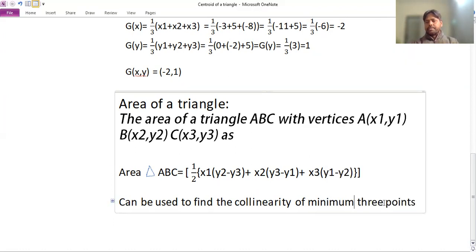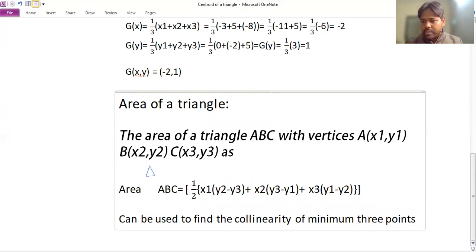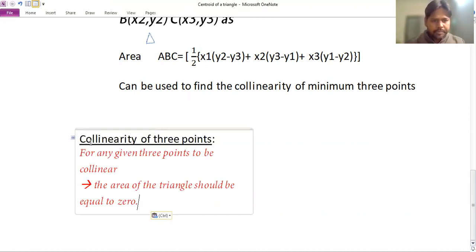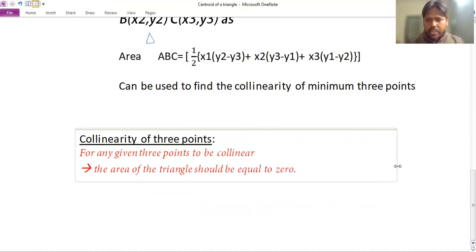Now how is it that we can apply the area of a given triangle to get the collinearity of the given 3 points? See, the collinearity of given points is associated with the area of the triangle.